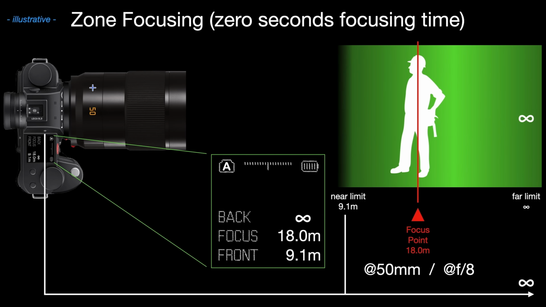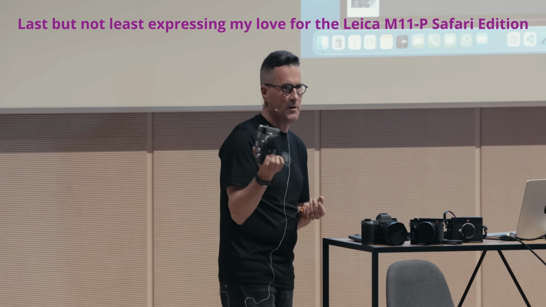And here's an illustrative example, a 50mm lens, and you focus at 18 meters and you stop down to an f8, and then the top display of the camera will show you that everything will be reasonably sharp and in focus between 9.1 meters and infinity, which is the same zone or range focusing technique you use typically on Leica M cameras, where you manually set it up. And here you can do exactly the same in the Leica SL system, here in this example for the Leica SL3. And this is just a beauty, right?